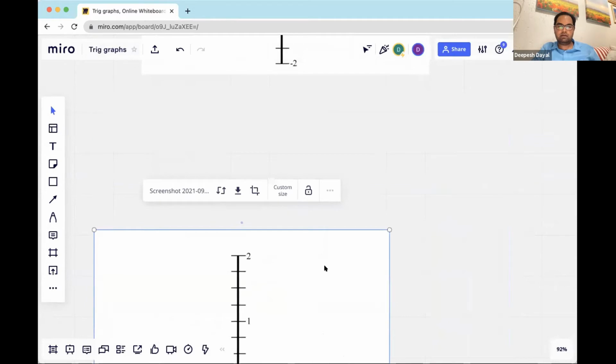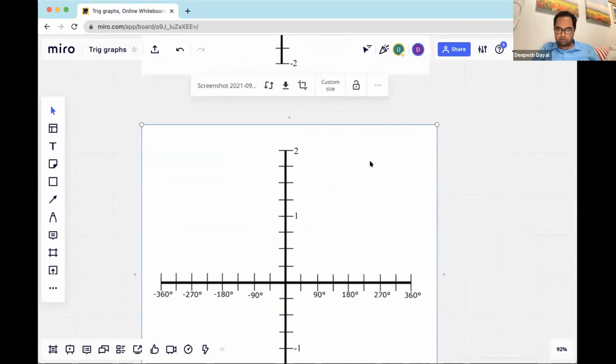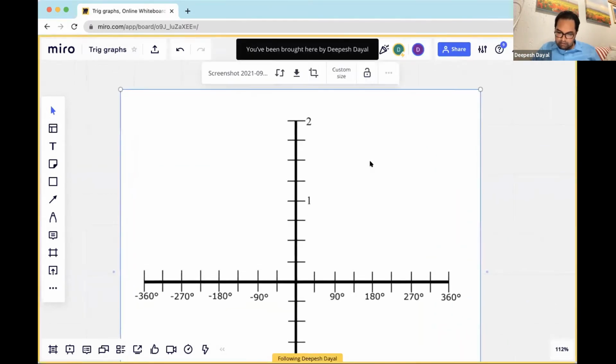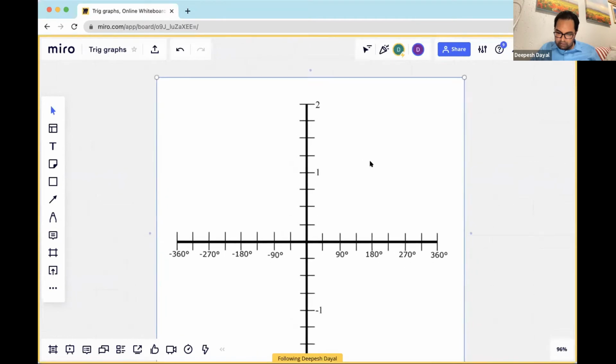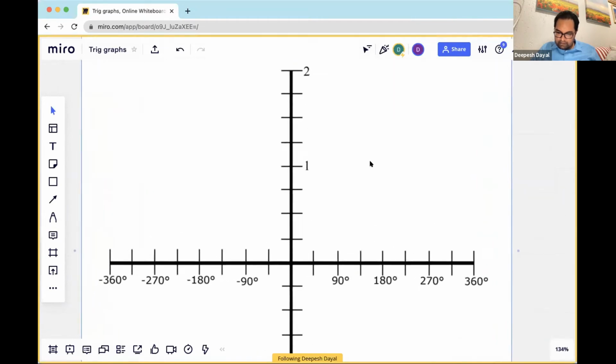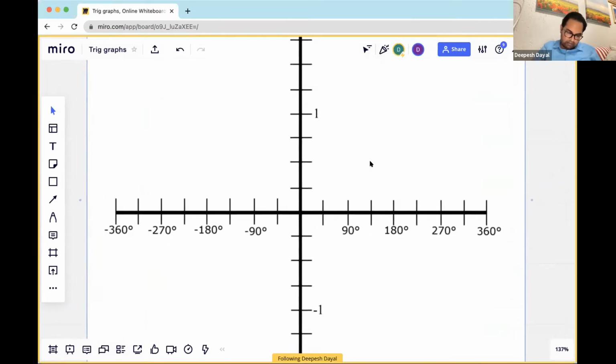Now we're going to go to y equals cos theta, right? Let's do this. And we write it down. So this is the next one, cos. So we're going to say here y equals cos theta.